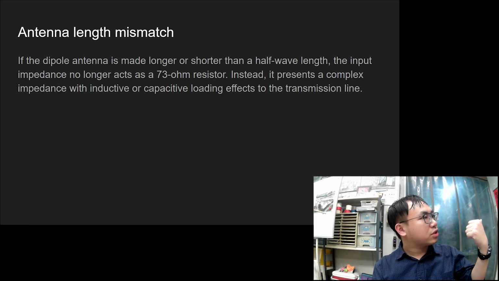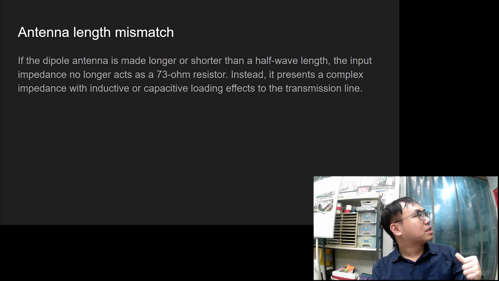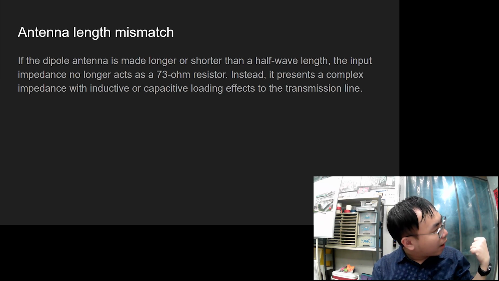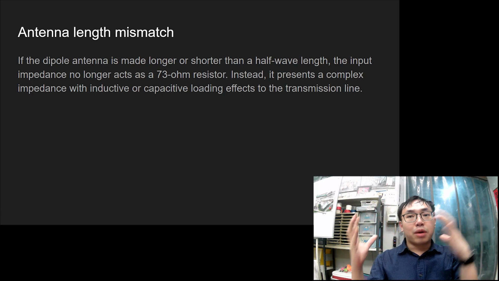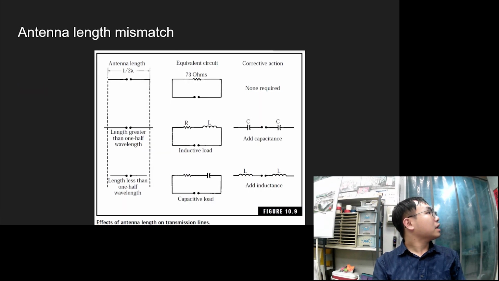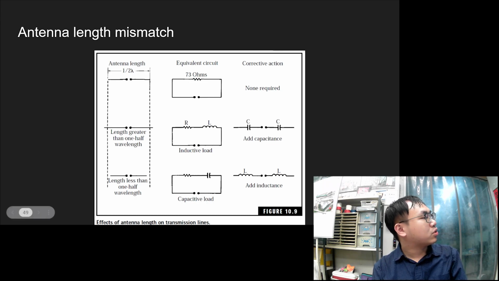If you are not using the exact 1/2 wavelength to receive the frequency, it will have a complex impedance with inductive or capacitive loading effects. So the impedance changes. That is where we say the impedance no longer matches. Like this one, the dipole antenna should be 1/2 lambda. If it is too long, what should I do? If it is too short, what should I do?